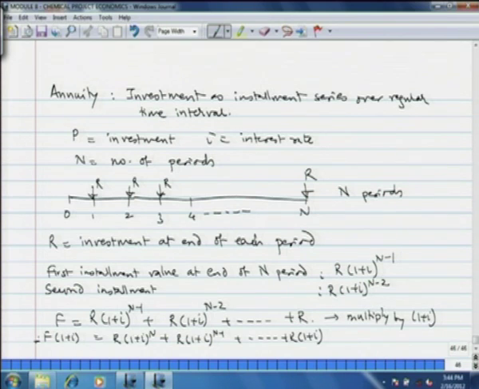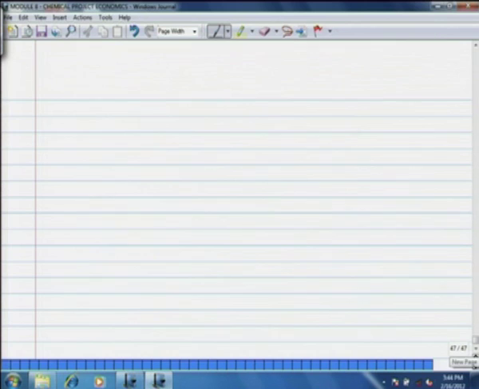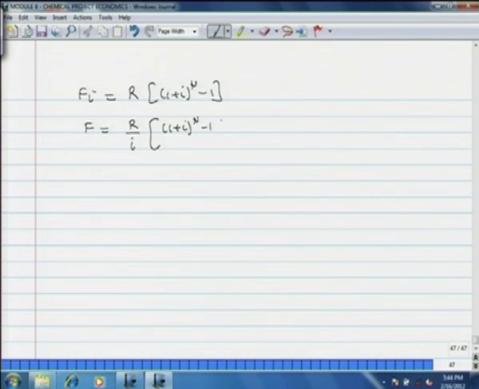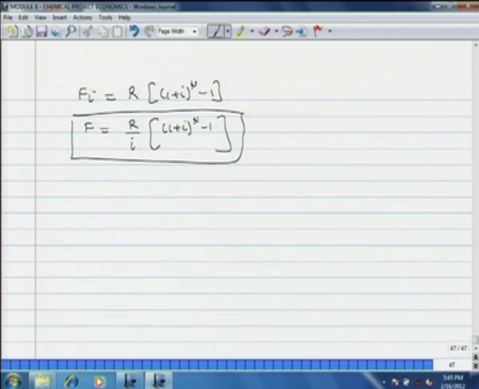Then subtract the second from the first, and the summation gives F into i is equal to R into ((1 plus i) to the power n minus 1), or F is equal to R by i into ((1 plus i) to the power n minus 1). So, this is the final value of the regular installments.